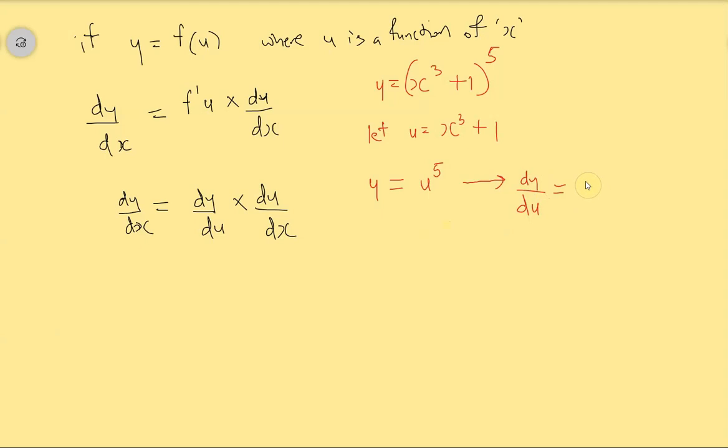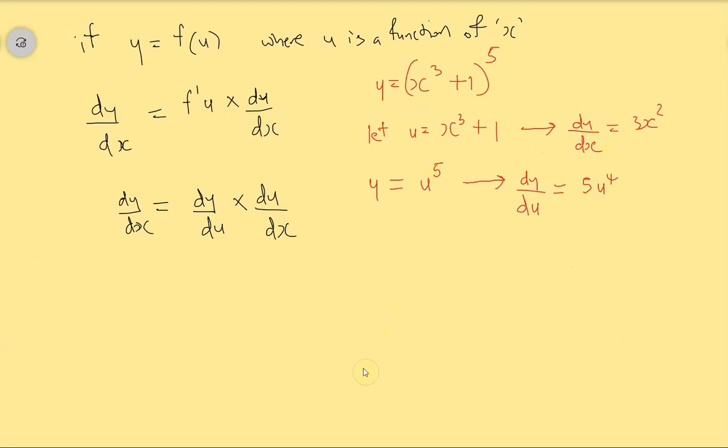So dy by du is just simply 5u to the 4th power. Remember, you multiply by the power, keep the u and reduce the power by 1, so it's 5u to the 4th. And our du dx would just simply be 3x squared.